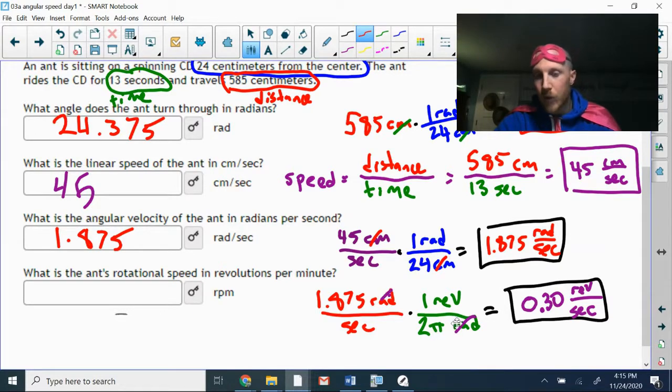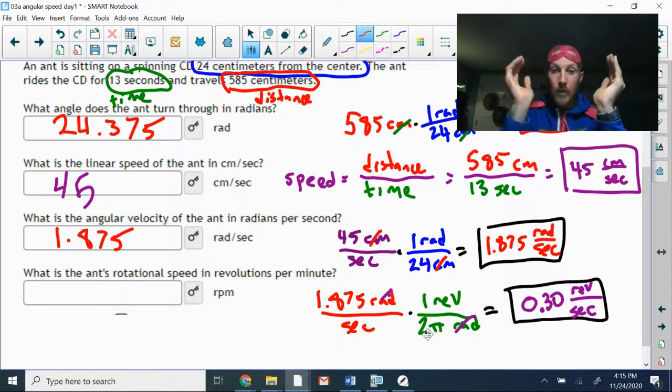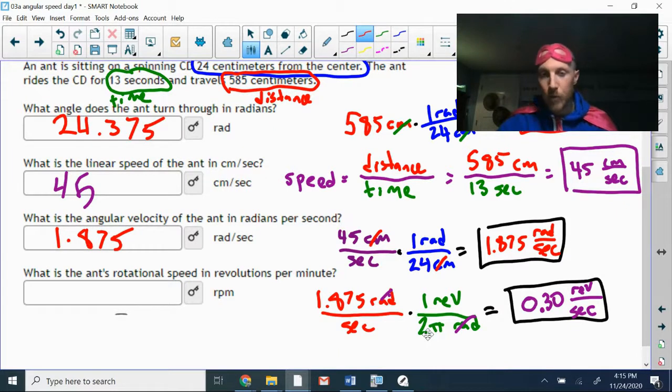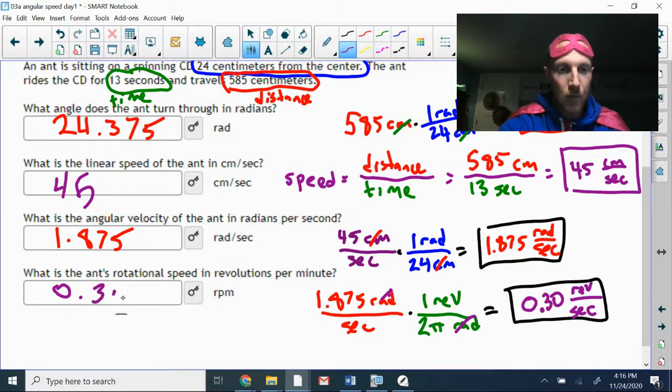So my radians cancel, and I'm left with revolutions and seconds. Again, divide. Make sure you keep that 2 pi either in parentheses in your calculator or else multiply 2 times pi ahead of time, and then do 1.875 divided by 6.28. At any rate, 0.30 revolutions per second.